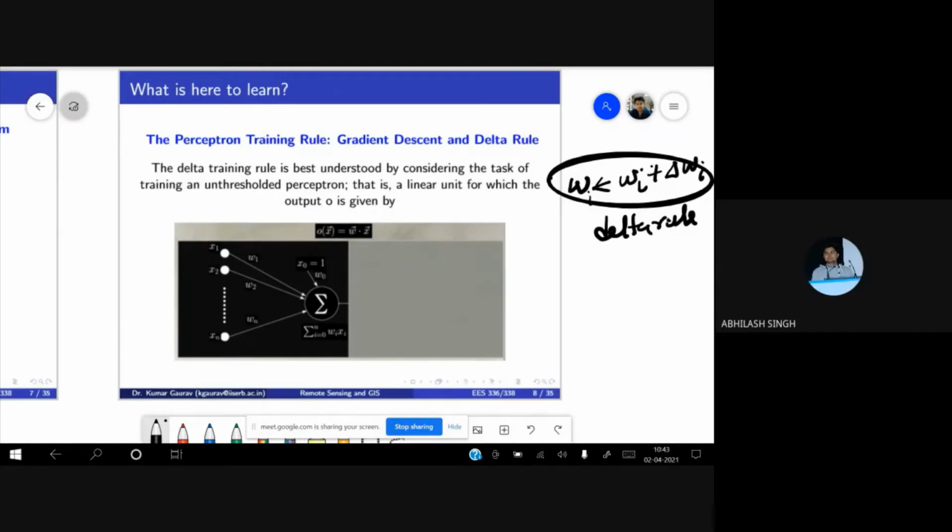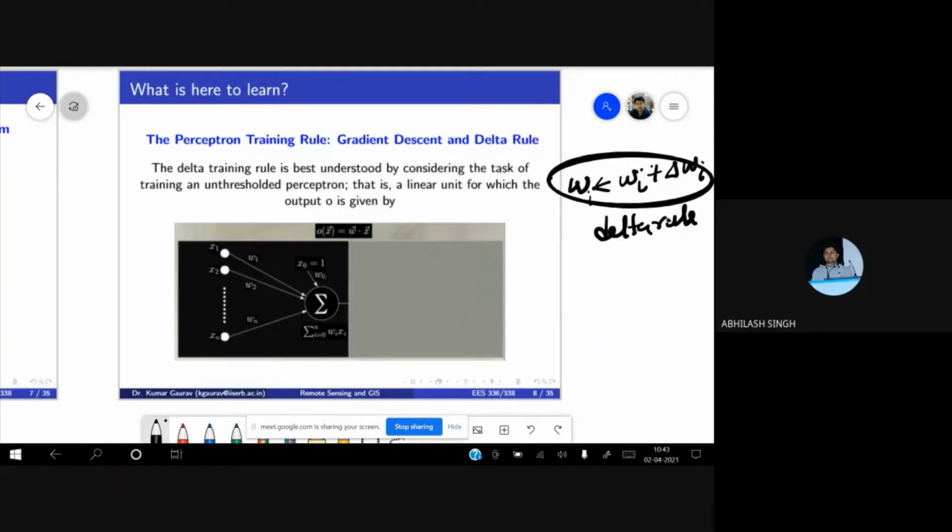In our case, we have the weighting coefficient as a variable. So these are the values we will compute in this lecture, or that are computed by any neural network. Gradient descent is for finding minima. Delta rule is to update the current variable, or the variable that needs to be known by the algorithm.